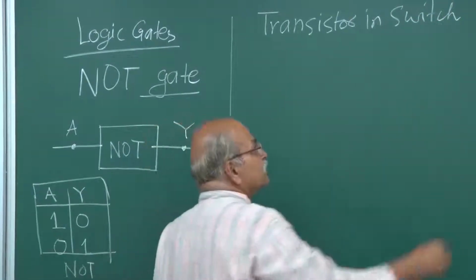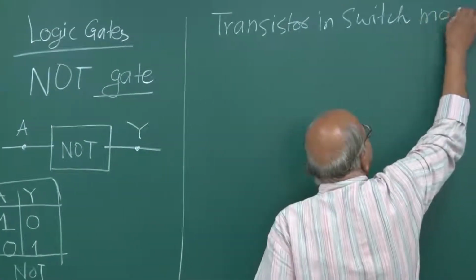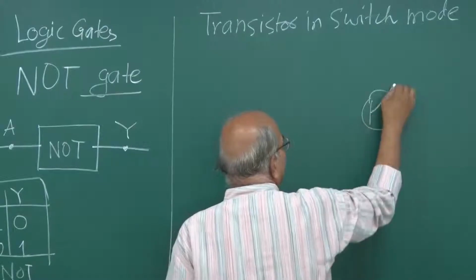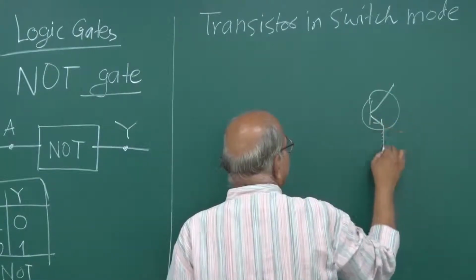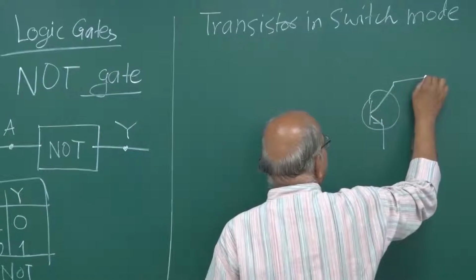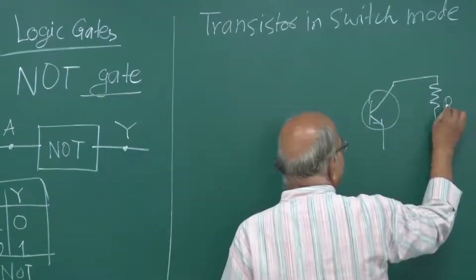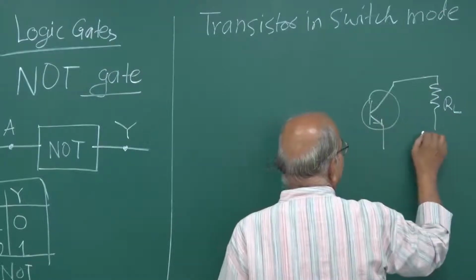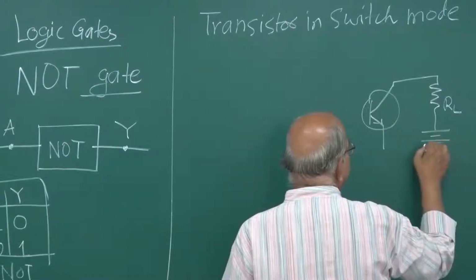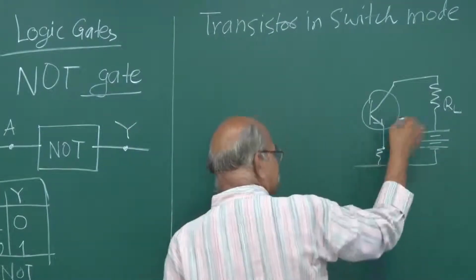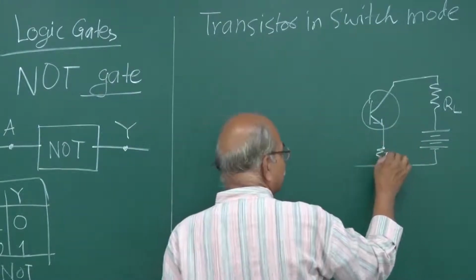If you take an NPN transistor as we had been doing, you have that load resistance or collector resistance, and then you put your biasing here, some resistances, some capacitances, all those things I am not showing.